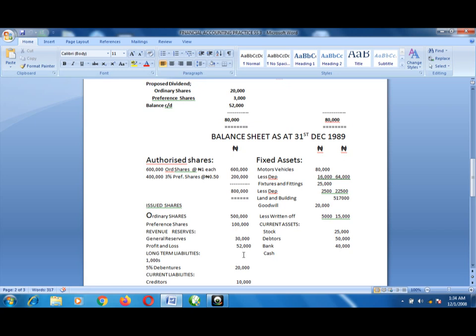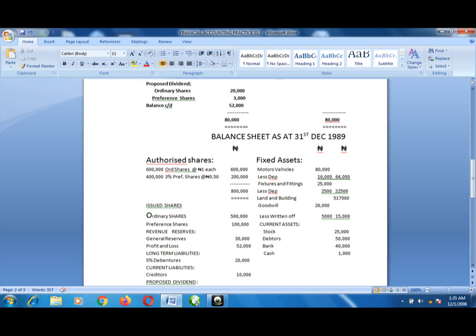And the next one, you move down to the long-term liability. Long-term liability, you have a 5% debentures. When you have the 5% debentures, what's the figure? When you have the figure, you transfer.